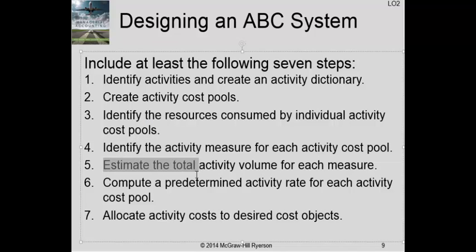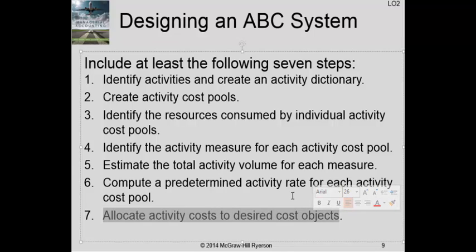We will then go and estimate our total volume for each activity, and then based on that estimated level of activity, estimated volume, and estimated dollars, we would compute this predetermined overhead rate, or predetermined activity rate, if you want to call it that, for each activity, and then just like we do for the plant-wide overhead rate and so on, allocate activity cost to the desired cost objects, the production.